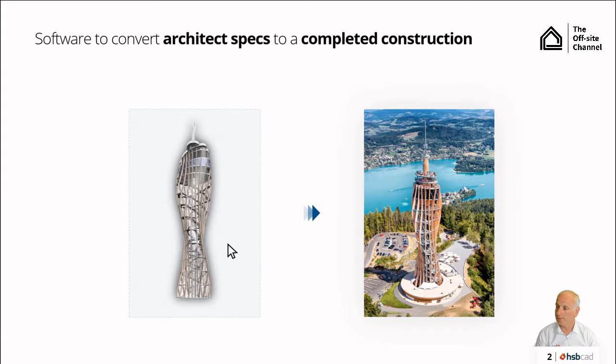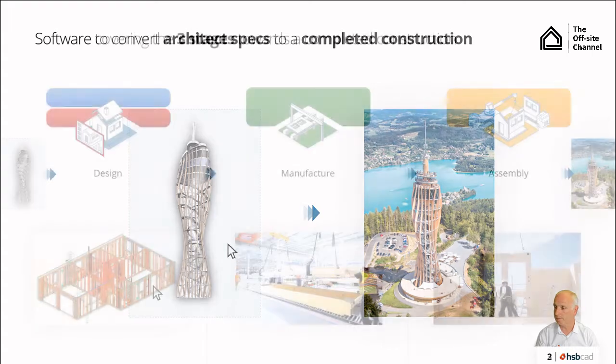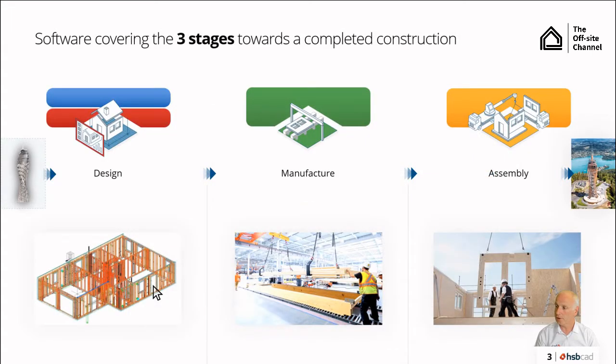From there the factory creates the CNC files, and these files are then loaded onto a manufacturing line, produced, put on a truck, and then finally sent to the assembly site for construction. And when we look at the 3 stages of DfMA, we identify ourselves with design, manufacture and assembly.